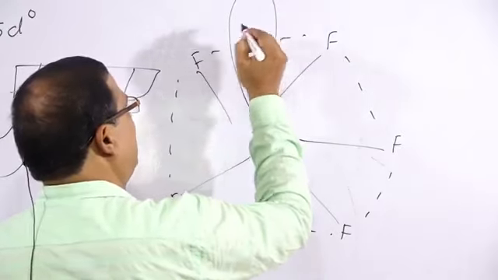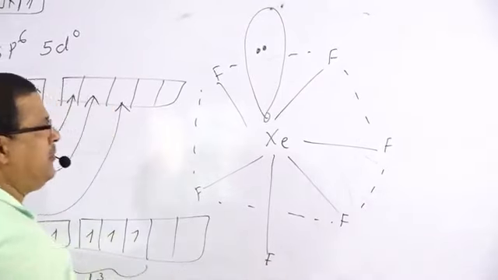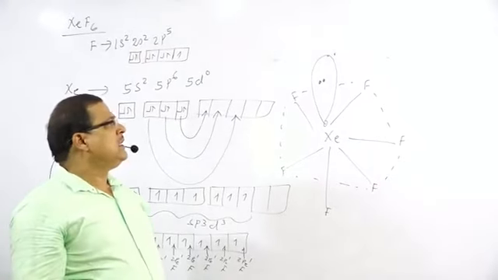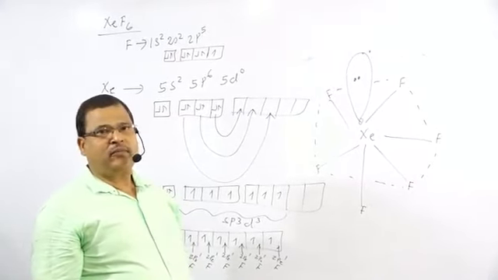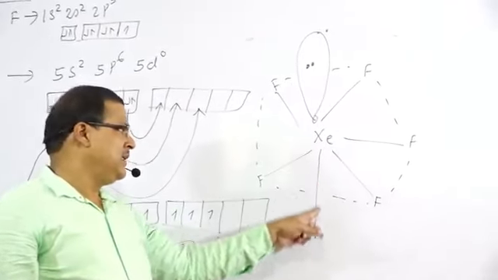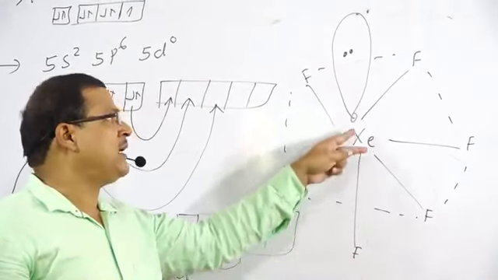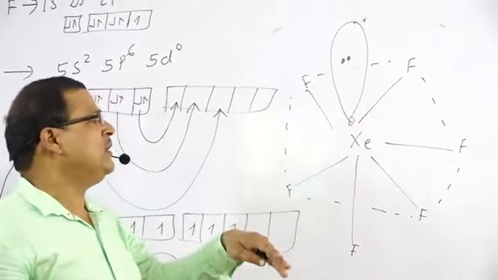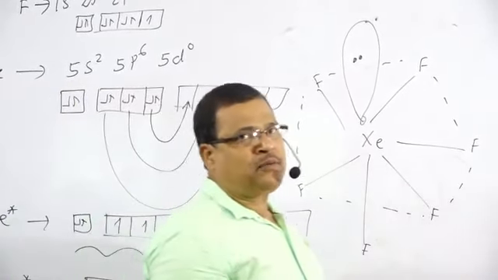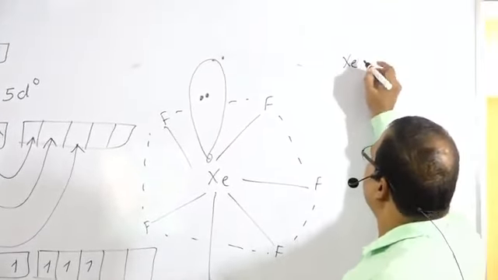One hybrid orbital contains one lone pair of electrons. With a pentagon, one xenon to fluorine bond is below the board and one lone pair of electrons above it, so that is pentagonal pyramidal. But the most preferred structure for this compound is distorted octahedral.